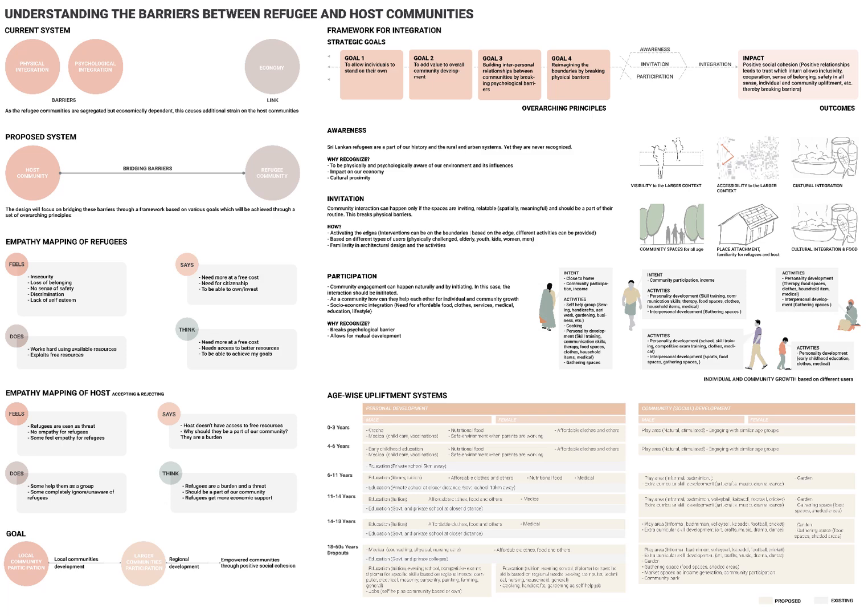This can be done through four goals, that is, to allow individuals to stand on their own, to add value to overall community development, building interpersonal relationships between communities by breaking psychological barriers, and reimagining the boundaries by breaking physical barriers through awareness, invitation, participation, which allows for the synergetic positive social cohesion between both the communities.